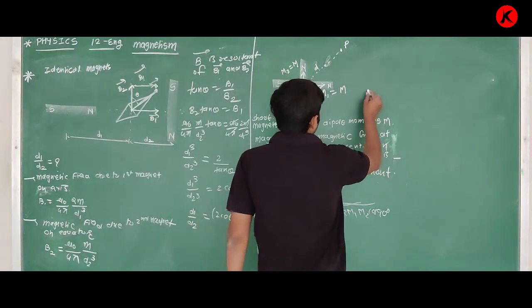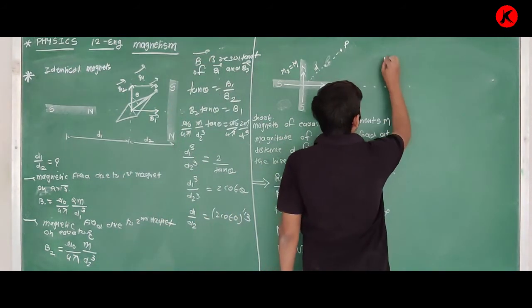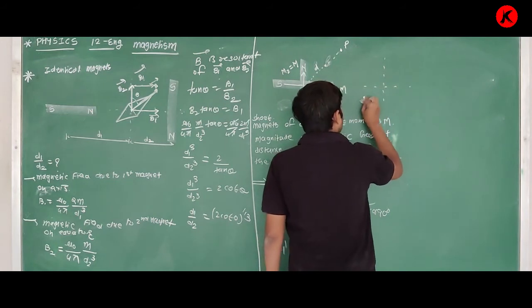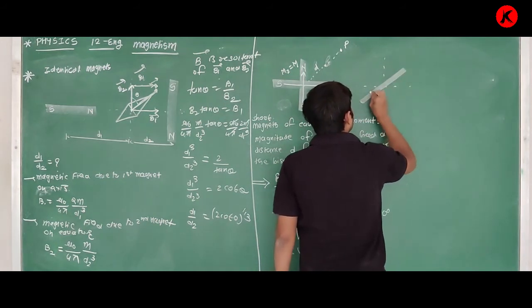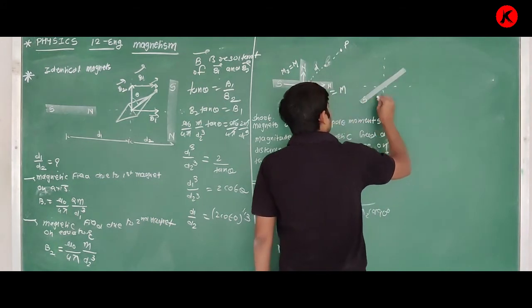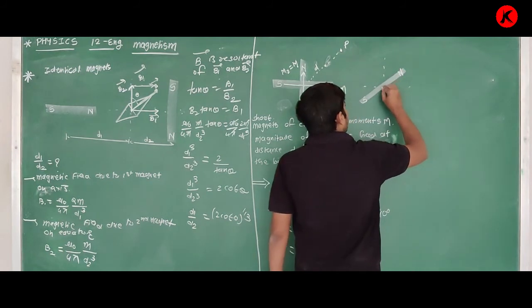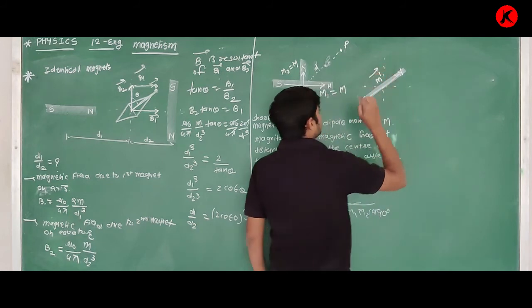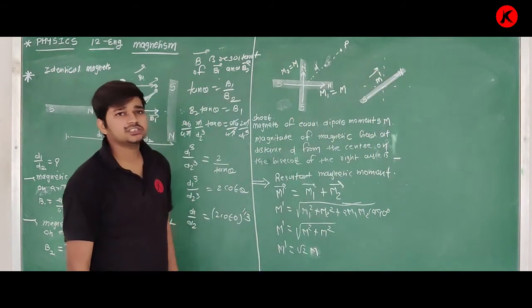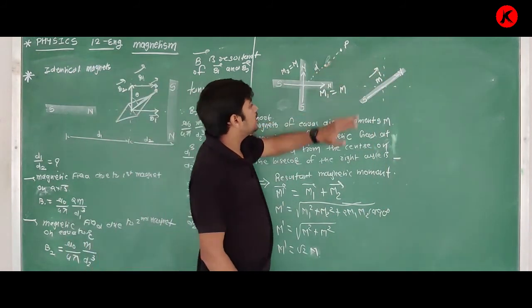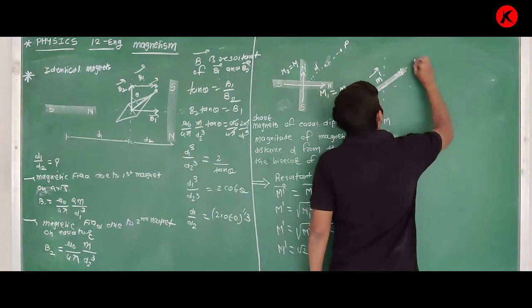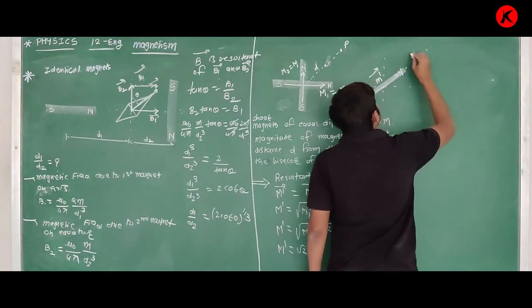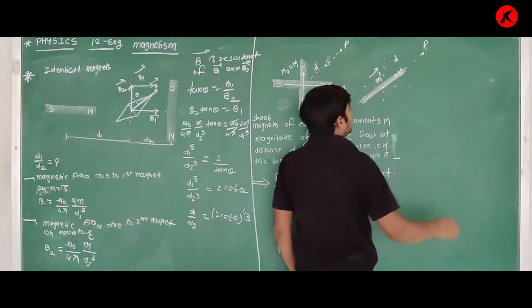So what is the equivalent of these two? The equivalent is one magnet, having south pole this side, north pole this side, and its magnetic moment m dash in this direction. Now as this point P is also on the perpendicular bisector at distance d, now you can easily solve.